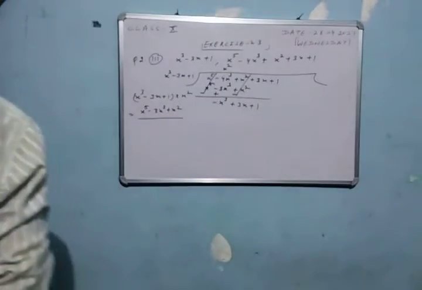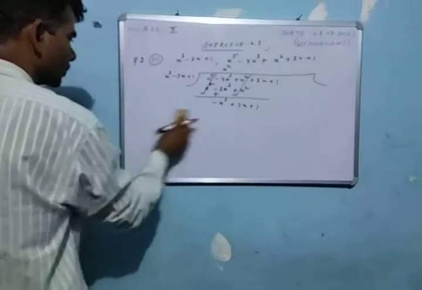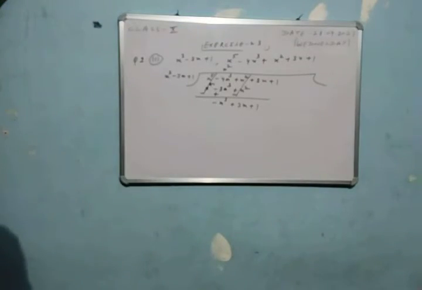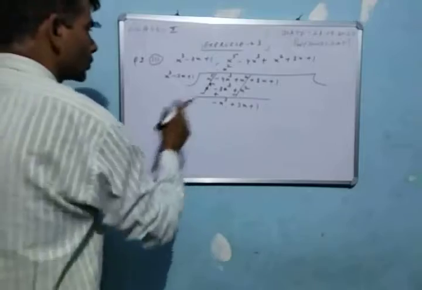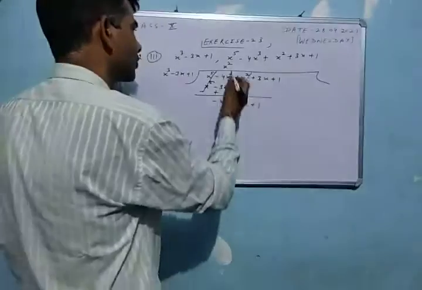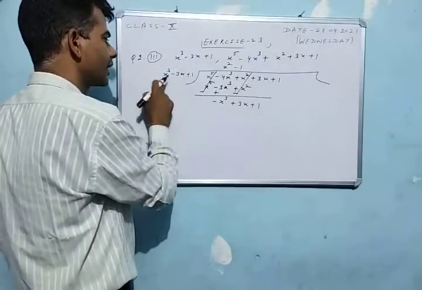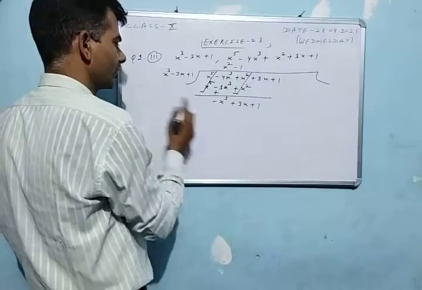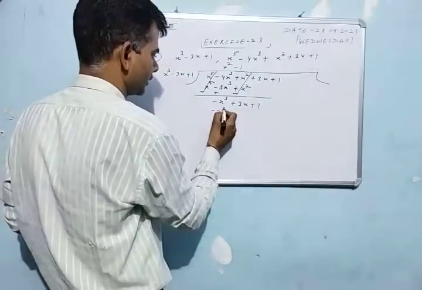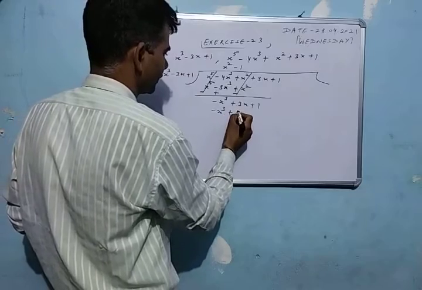Now students, x cube, by this number x cube is multiplied, the result will be minus x cube. Student, directly multiplied with minus 1. If this is multiplied with minus 1, all signs will be changed. That is minus x cube, minus plus 3x.